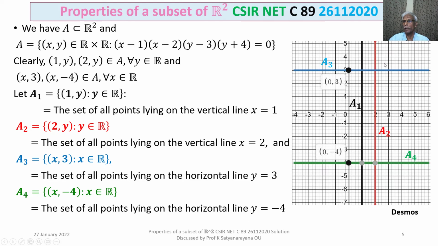This we call A3, this we call A4. And now we see A1 union A2 union A3 union A4 is precisely capital A. So we continue.